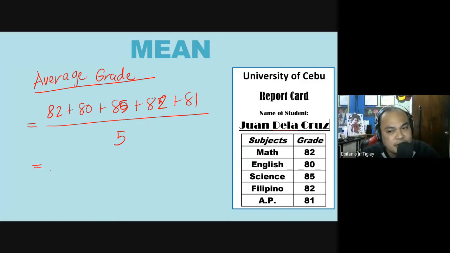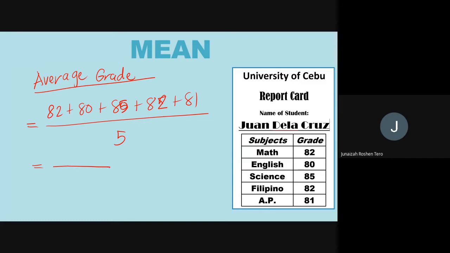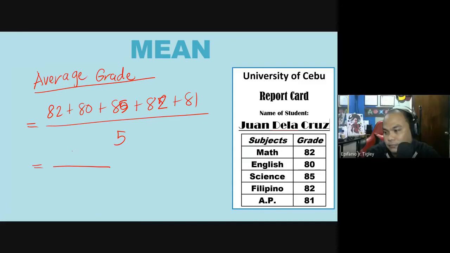Please use your calculators. Is it 410? What is 410 divided by 5?